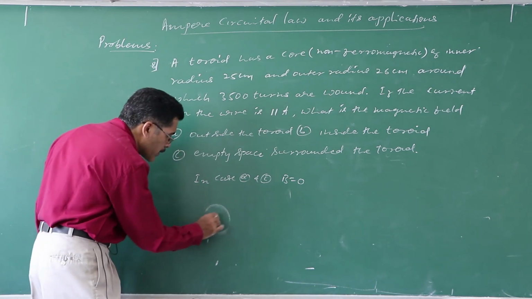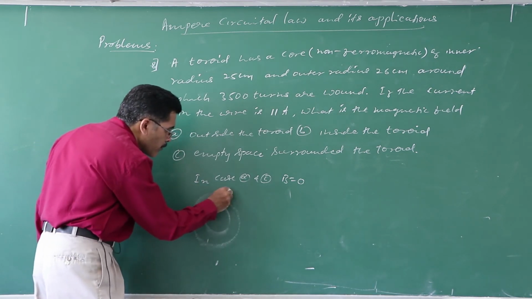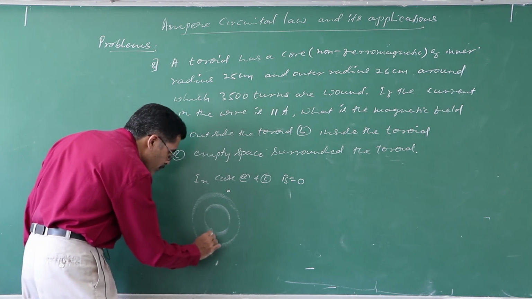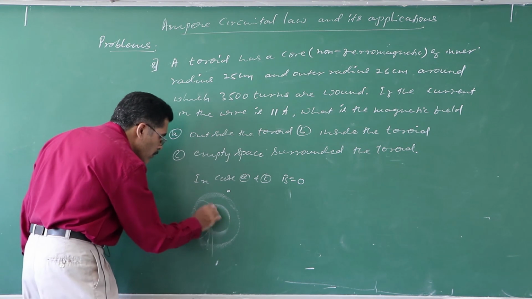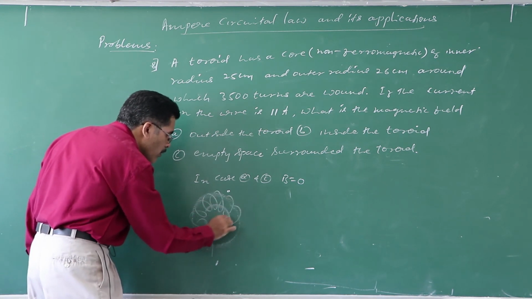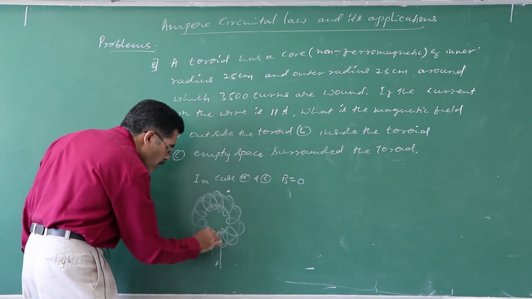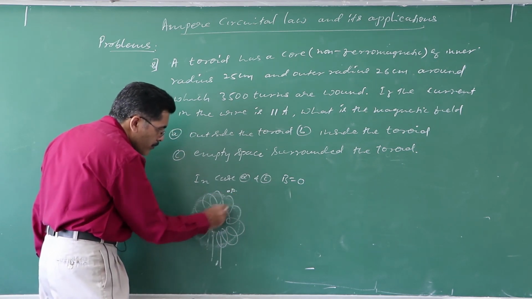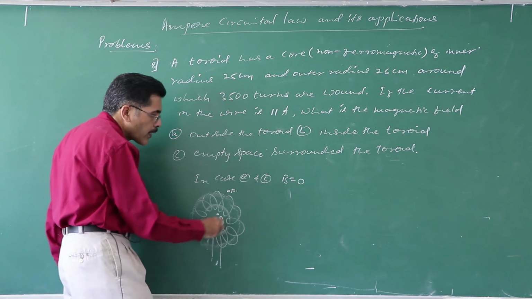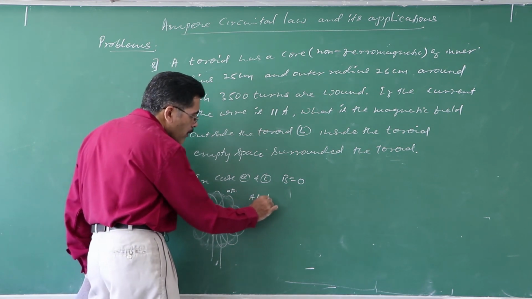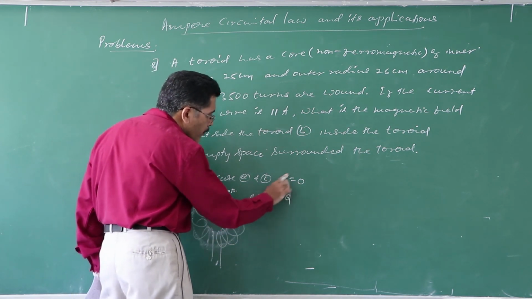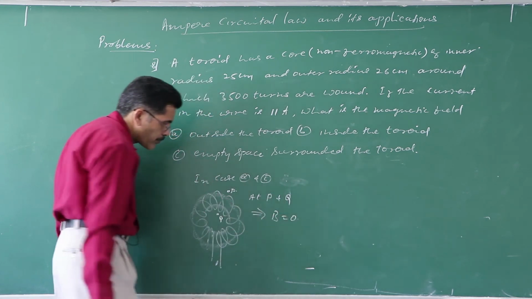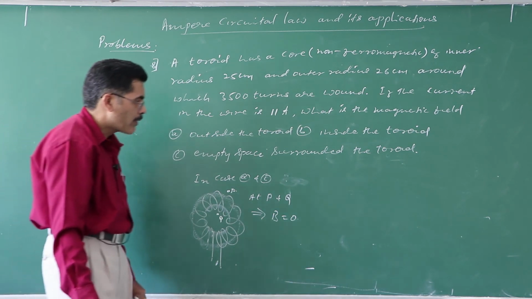If this is the toroid, here point P is here, Q is here. At P and Q, net magnetic field is 0. There is no magnetic field.